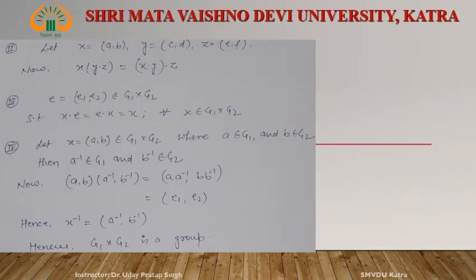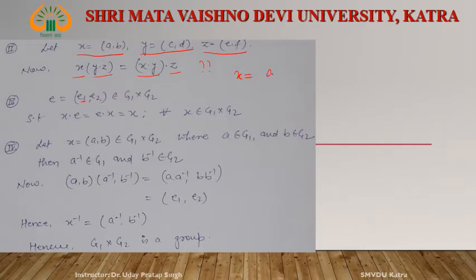Now, for the associative law, let X be (A, B), Y be (C, D), and Z be (E, F). Then we can easily verify that (XY)Z is equal to X(YZ), right? Now, what is E? E is equal to the ordered pair, identity of the first group and identity of the second group, (E1, E2), right? Then X dot E, what is X?